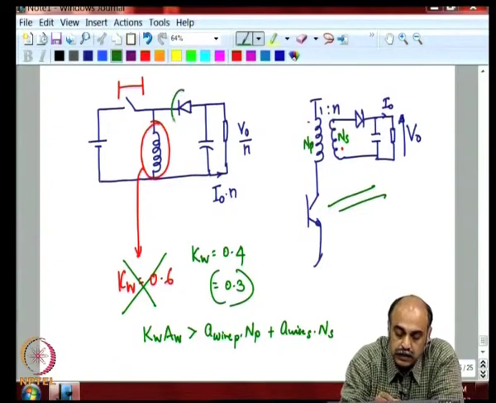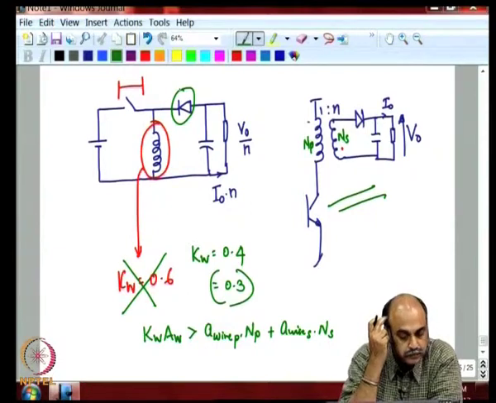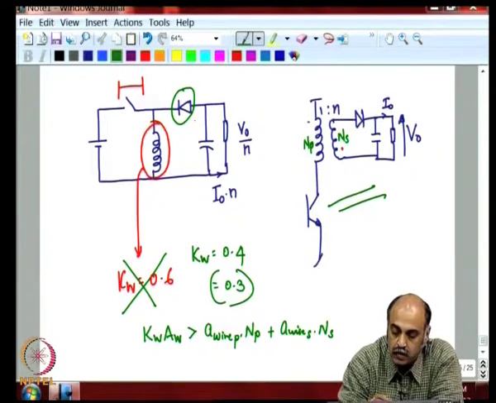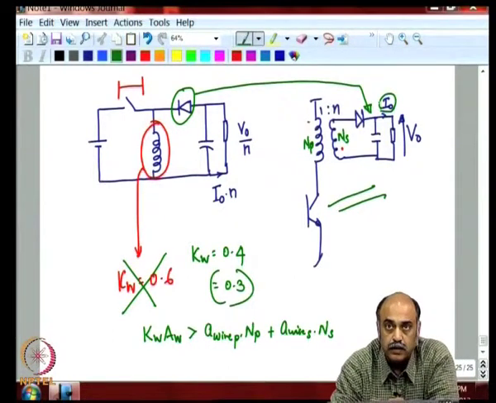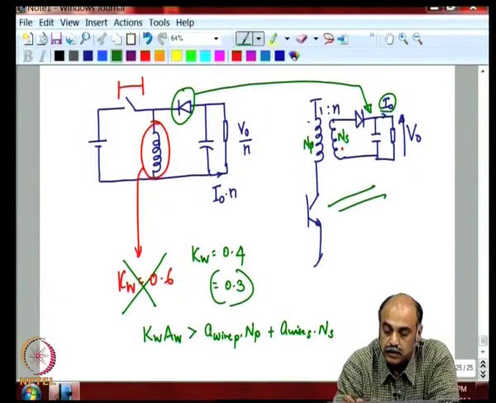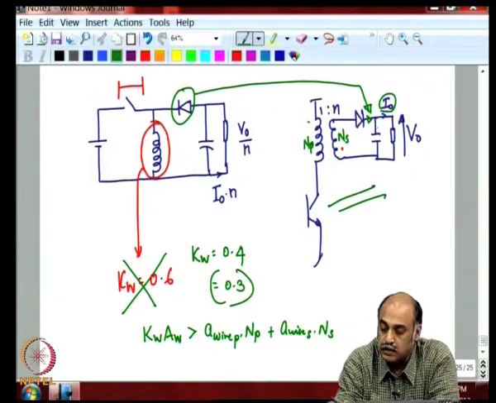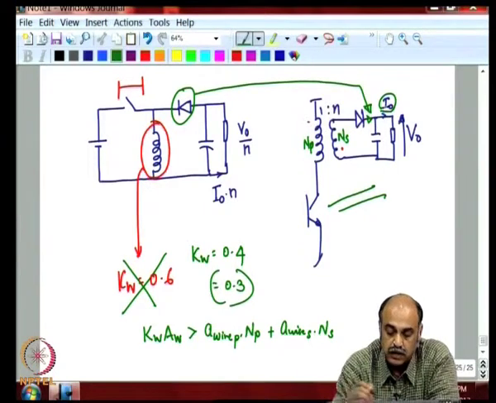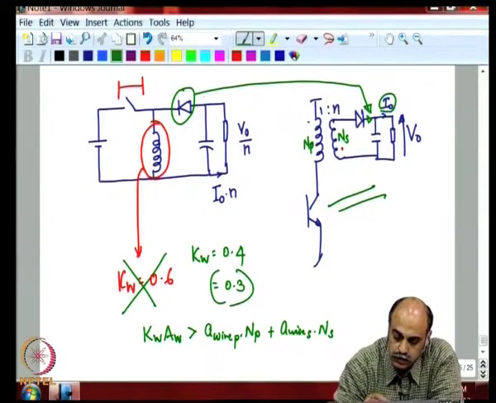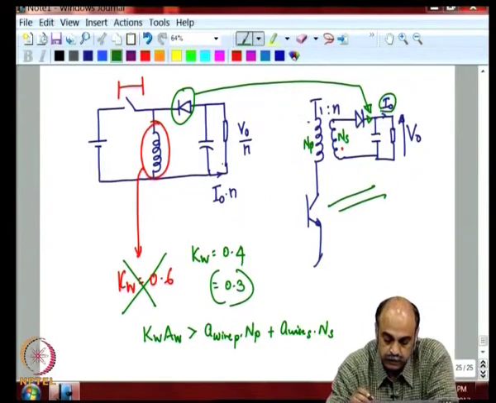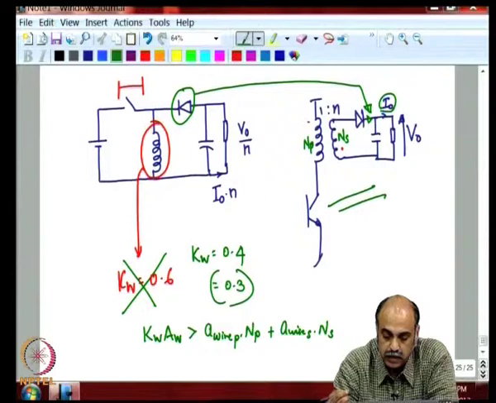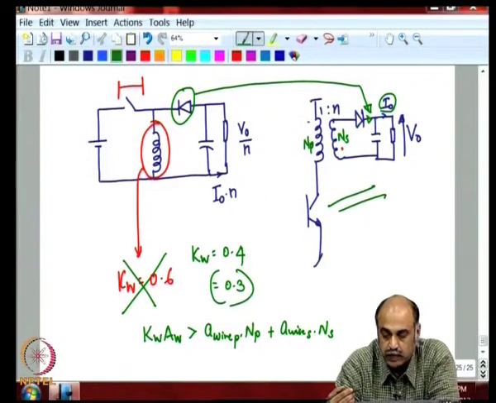Rate these diodes according to the secondary current flowing, that is the I naught currents and the capacitance currents that flows through here. That is, the capacitance current and the I naught. So, accordingly rate the diode here without the n factor. Now, this way you can make a quick design of the flyback converter.